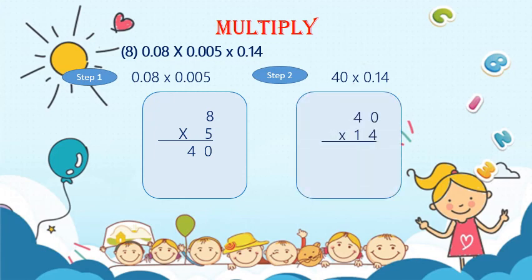So 40 multiplied by 14. So 40 multiplied by 4 gives 160, and 40 multiplied by 1 gives 40, and when we add these two products we get 560, right?